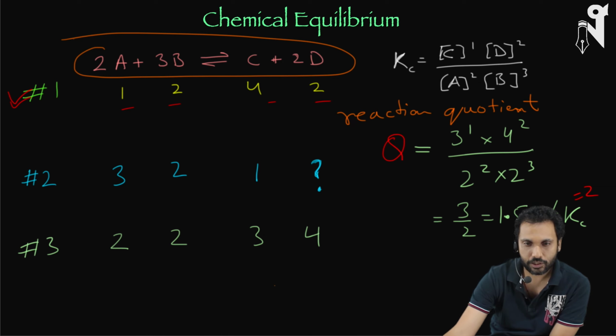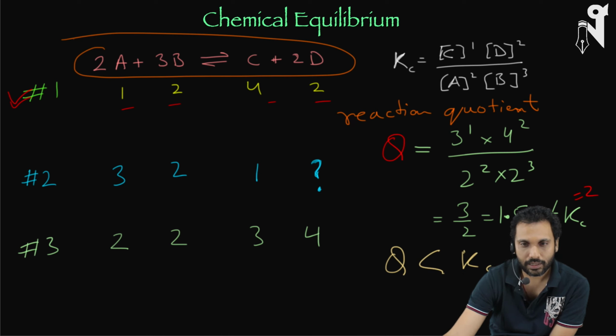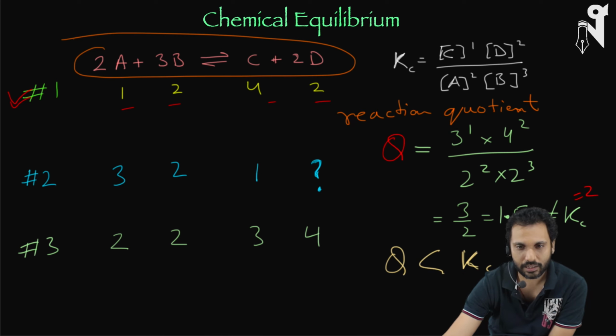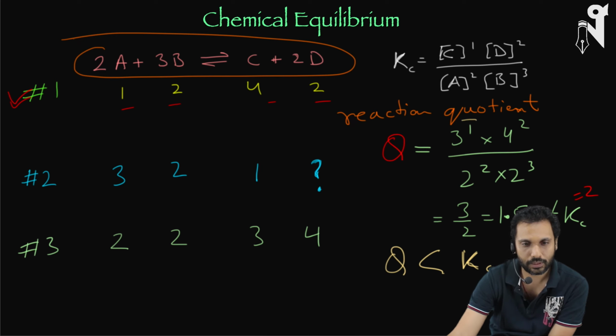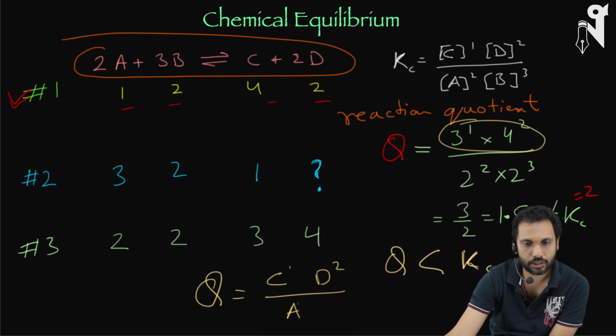And the answer is, since the reaction quotient is coming less than K, here Q is less than the Kc value, it indicates that the Q formula has the products on the top and the reactants on the base.